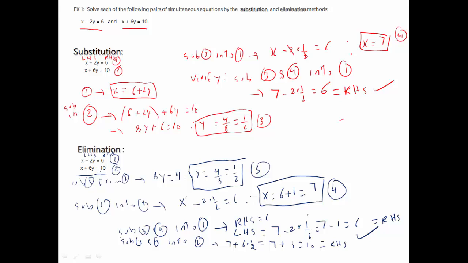So that shows you it doesn't matter which way you substitute in, it's fine. You are verifying that you've done the correct method and you don't make any mistakes while calculating.